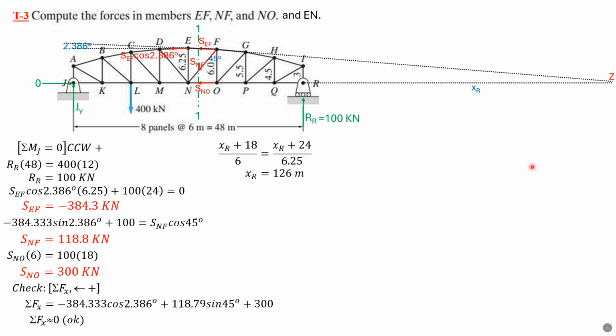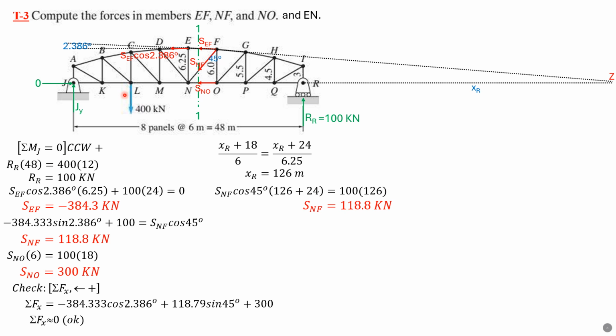So summation of moments about Z equals 0: SNF cosine 45 degrees times quantity 126 plus 24 equals 100 times XR, which is 126. Solving for SNF, it's indeed 118.8 kilonewtons. So that verifies further that these answers are really correct.